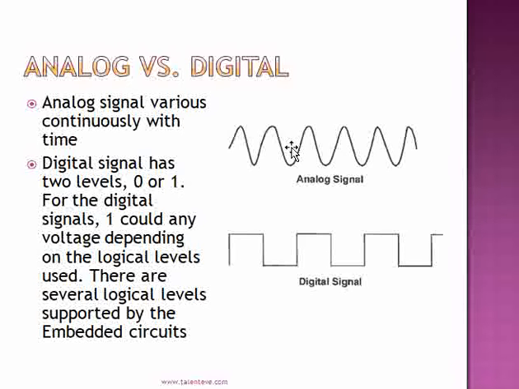So in embedded system, the sensors that we read are analog in nature. And then there are these digital signals which follow specific logic levels. Why they have to follow specific logic levels is, if we are communicating between two digital devices A and B, they need to have a common voltage level, right? Otherwise they will not be able to talk with each other.